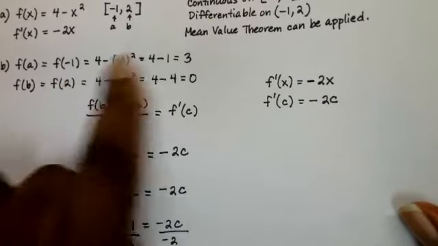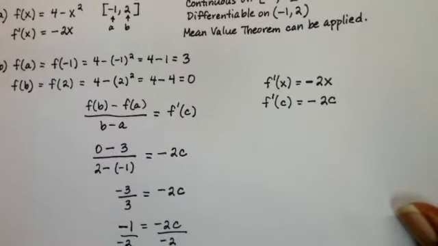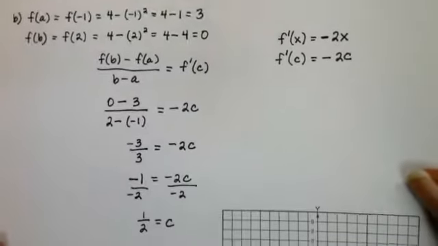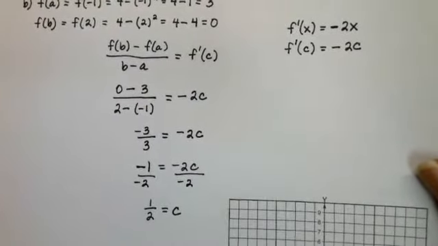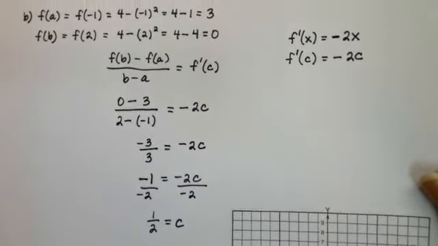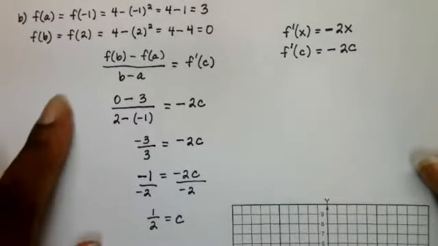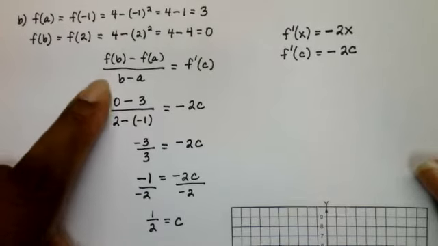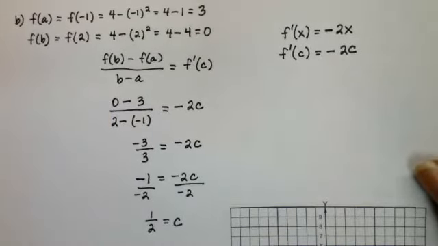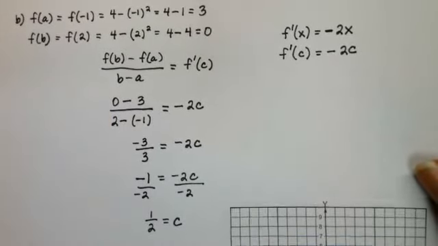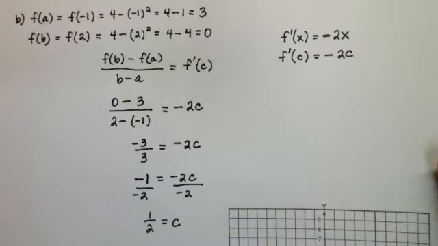So f of -1 would be 3 and f of 2 would be 0. All right, and f prime of c will be -2c, since f prime of x came out to be -2x for that function. Then I substituted into this equation to come up with c equal to 1/2. That would be the point that's guaranteed to exist by using the mean value theorem.